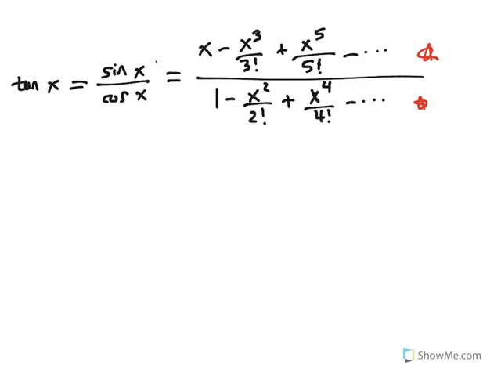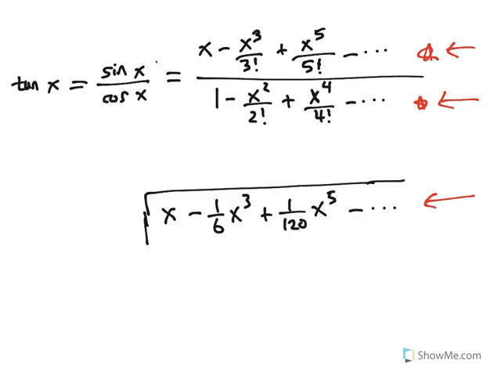But we can't do that here because each of the series that we have for sine x and cosine x have infinitely many terms. We can still apply the same long division algorithm, but we would have to write the dividend and the divisor, both of them in ascending order of degree.